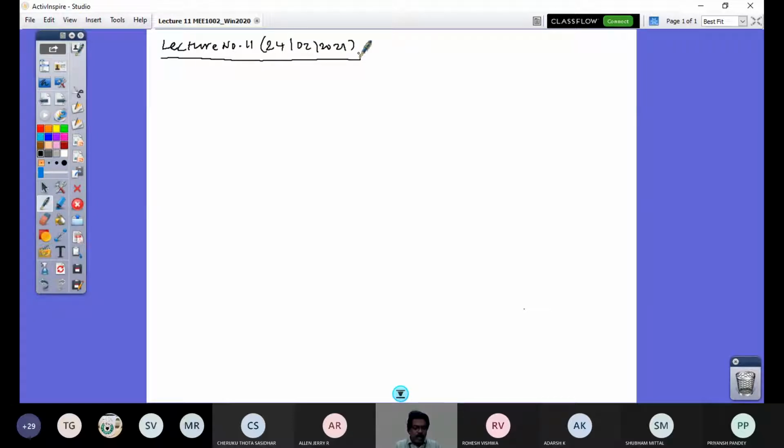Let us look at the arrangement of the system. I have a cantilever. When I say it's a cantilever, one end is fixed. So this is the fixed end. In this cantilever, I have a slot made.